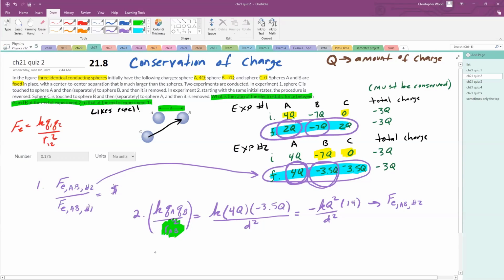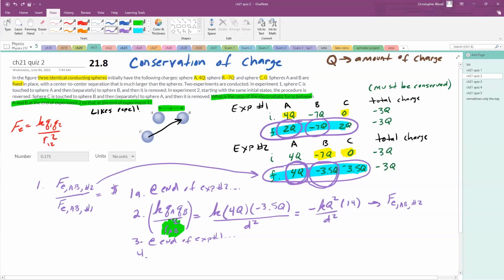So let's do the same thing. Let me insert 1A here, at the end of experiment number 2. Okay, so step 3, at the end of experiment number 1, this is what's going on.